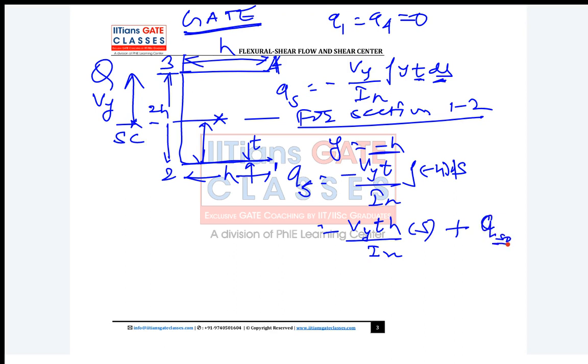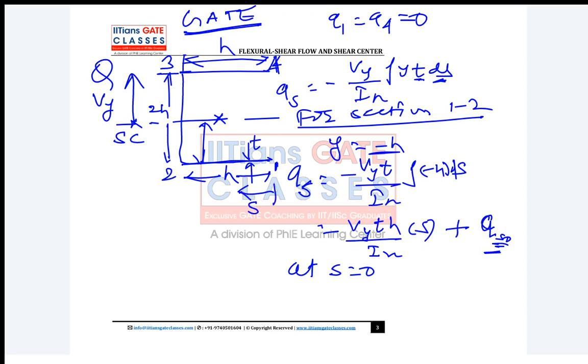Now guys, at section 1, how do we find this integral constant? We know at s equal to 0, at section 1, your s is varying from 1 to 2. This is the direction.